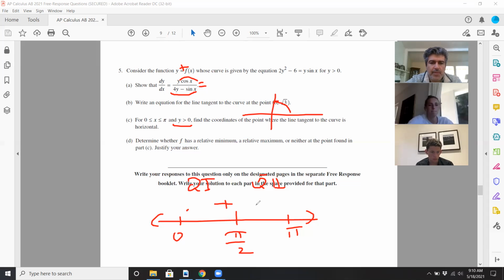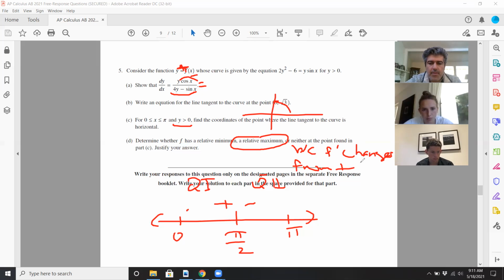After pi over 2, cosine now becomes negative, right? Y is still positive, and sine is still positive. And y is still high. So my guess is now you're negative. So you're going to have a relative maximum. You would just show it because f prime changes sign, from positive to negative, at x equals pi over 2.